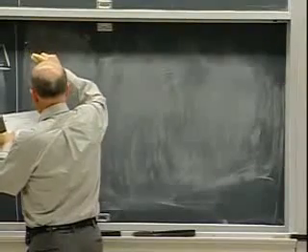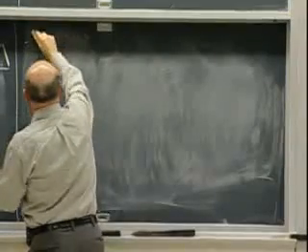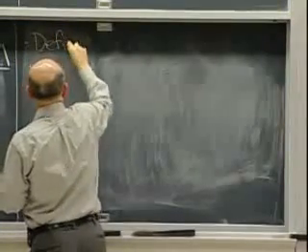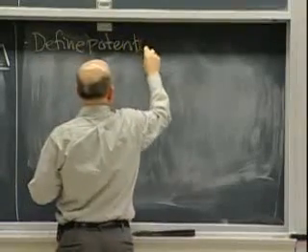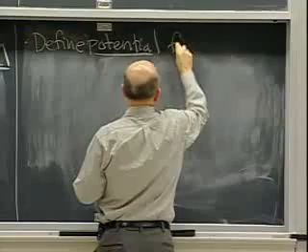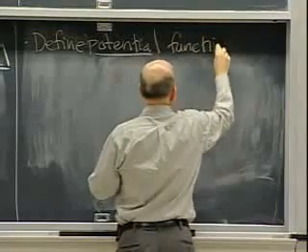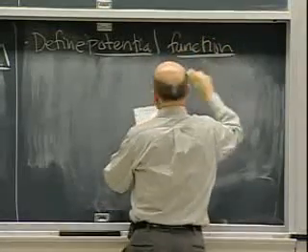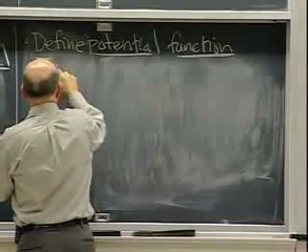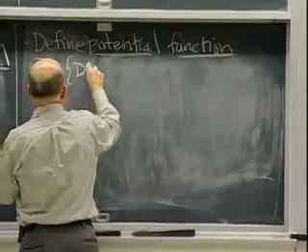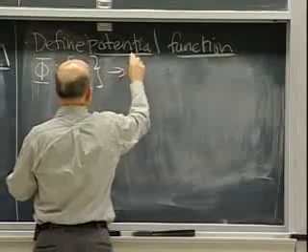And now what we're going to do is define the potential function phi, which maps the set of data structures into the reals.